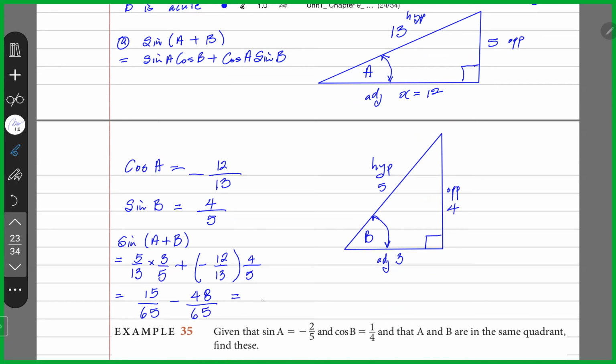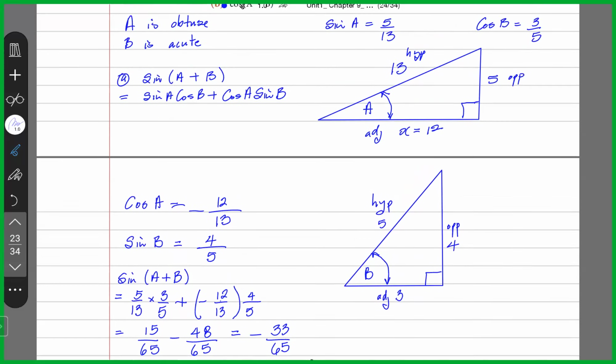And so my answer would be minus 33 over 65. So the sine of A plus B would be minus 33 over 65.